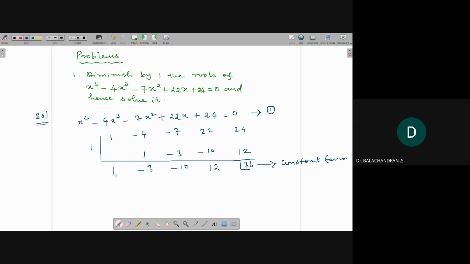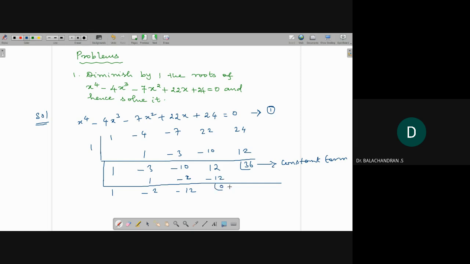So next, similarly, you need to proceed. Okay, 1. Multiply 1, minus 2, minus 2, minus 12, minus 12, 0.